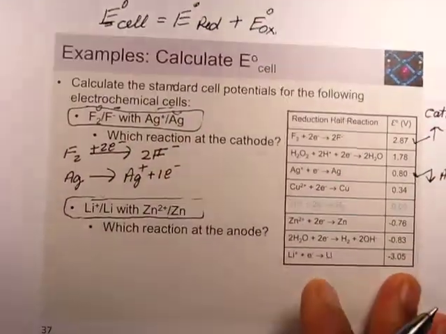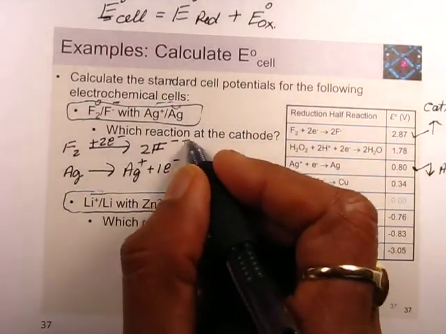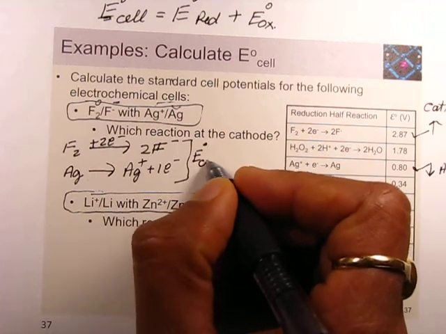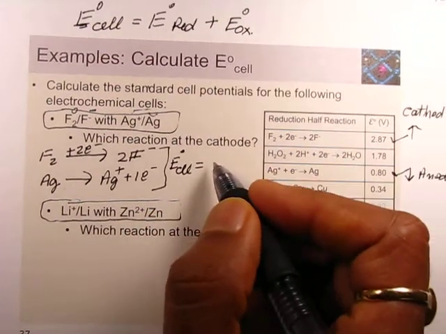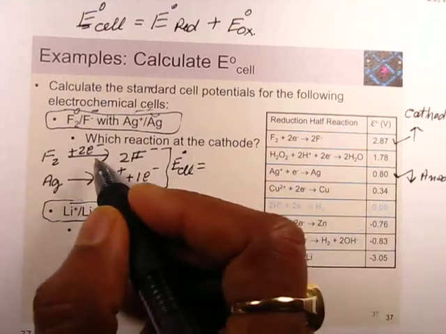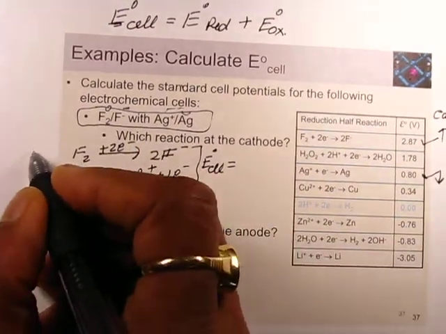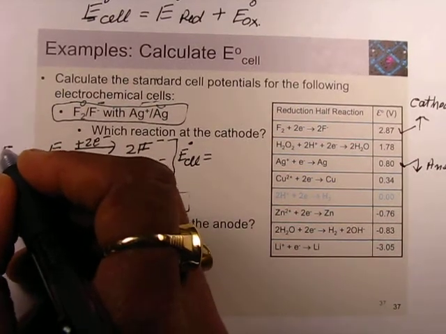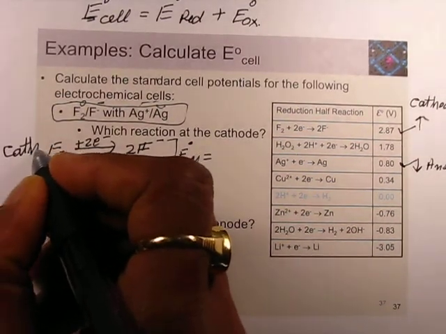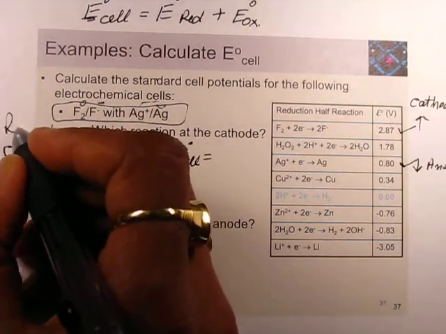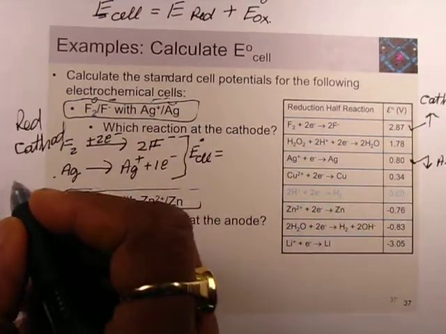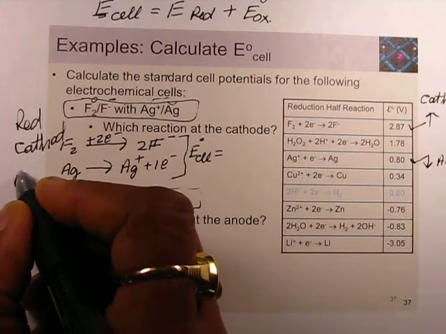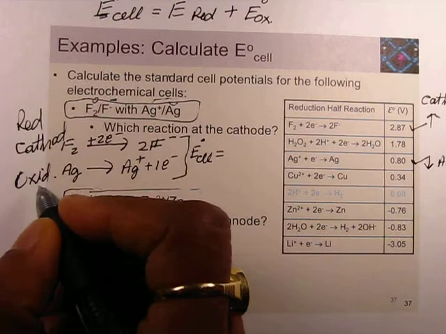So here, fluorine will become the cathode, reduction will happen on this one, and silver is oxidizing, so this will be oxidation and this will become the anode.